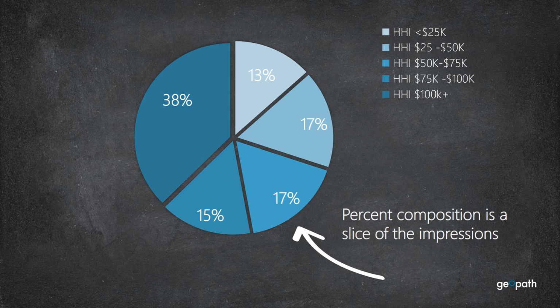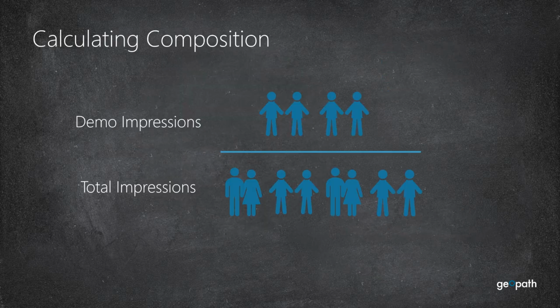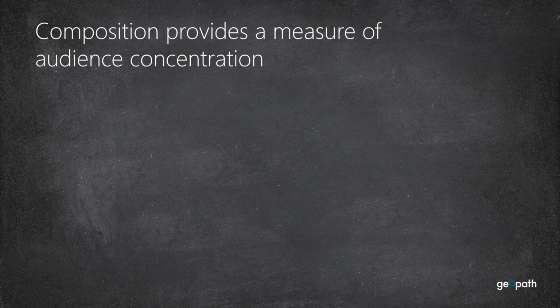Let's look at how it's calculated using an impression-based example. The target audience impressions are divided by the base of the total audience impressions. Composition gives us a measure of audience concentration on a location-by-location basis.